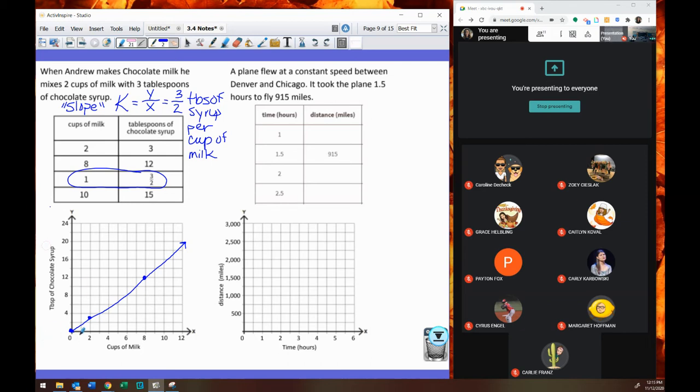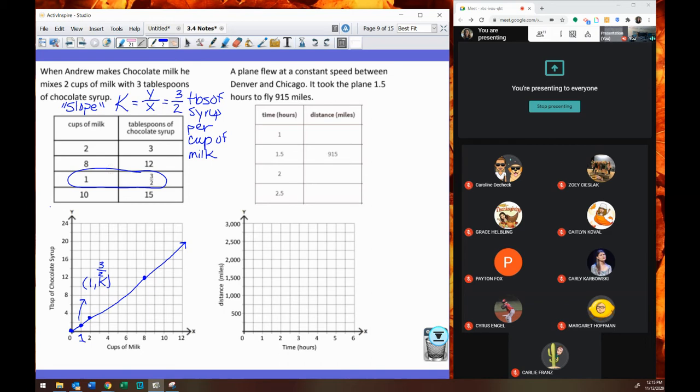So if you look at your graph, when x is 1, that's where you find your coordinate 1, k. And again, k just stands for your slope, your rate of change. In this problem, it tells you how many tablespoons of chocolate syrup for 1 cup of milk. So in this problem, that k value is 3/2.